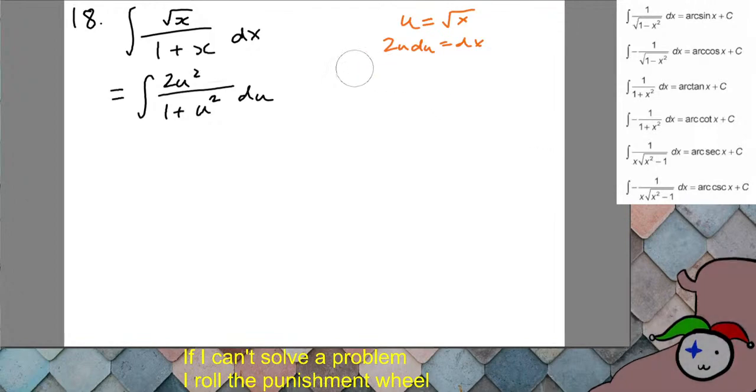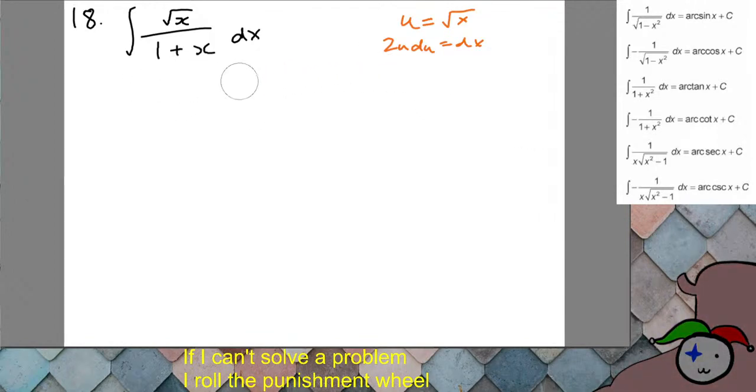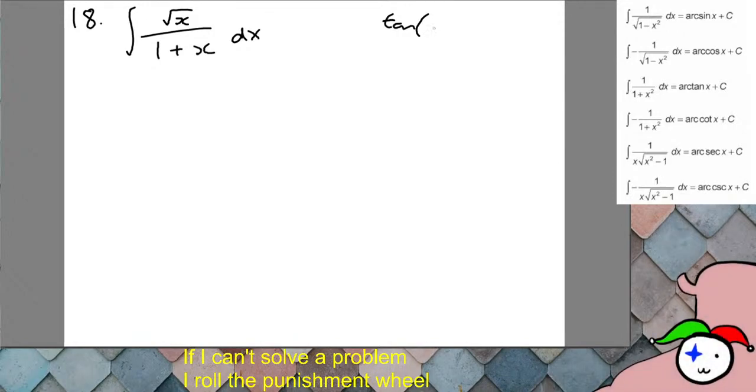If instead of u is square root of x, we said tan of square root of x... no, tan theta is square root of x, maybe. Tan or sine or cos, sine.